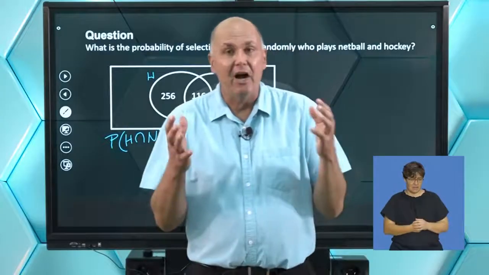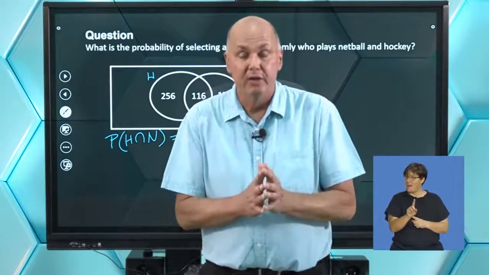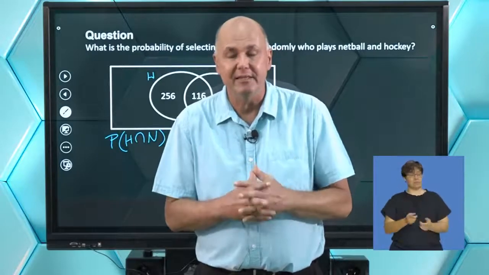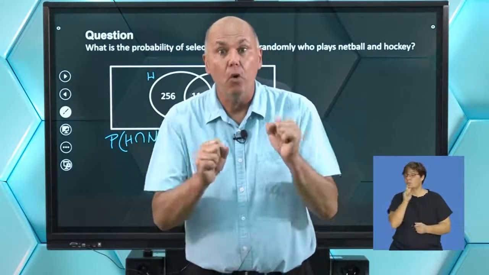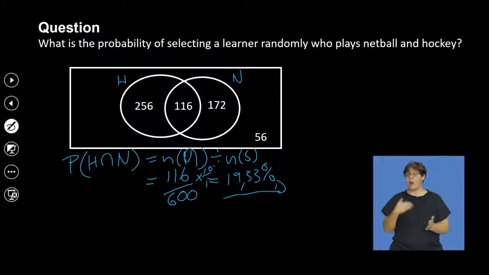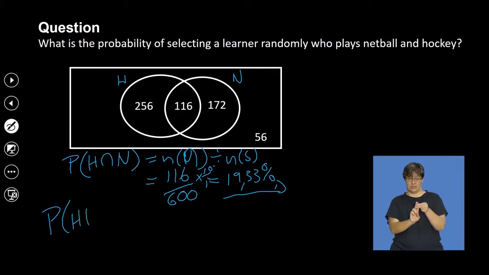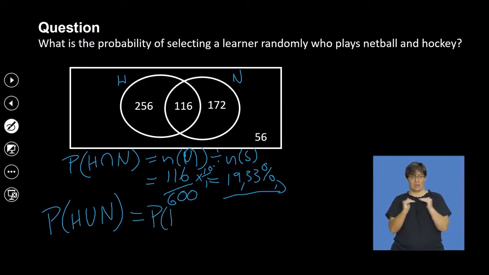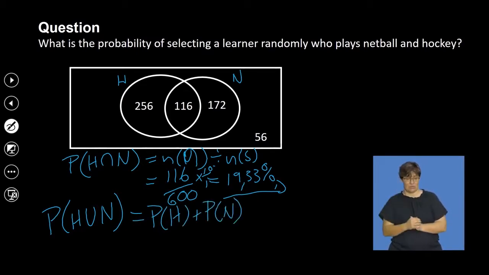We recognize, however, that this isn't the only way to check what the probability in the intersection is. We can use the OR rule, and that's not too difficult either. So let's apply it. If we take the union of these ones, that's equal to the probability of the hockey plus the probability of the netball minus the probability of the intersection.